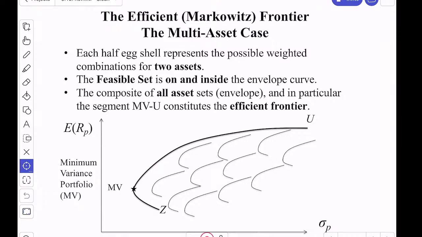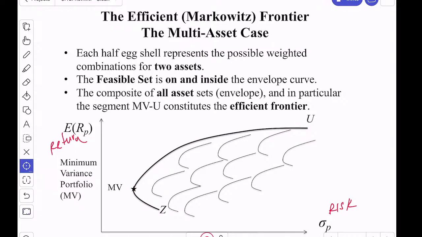So we still have risk on this axis and return. Now what? So those are for the risky assets. Investors will choose, depending on their risk tolerance, which portfolio they like.